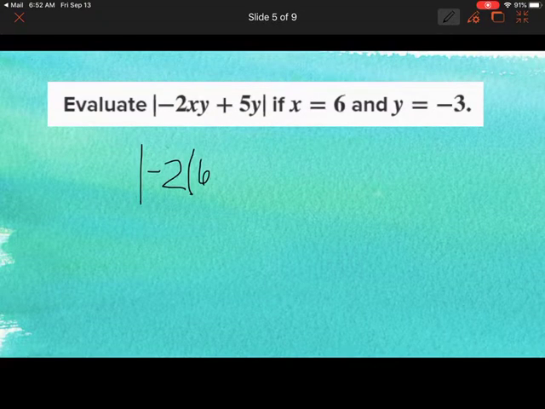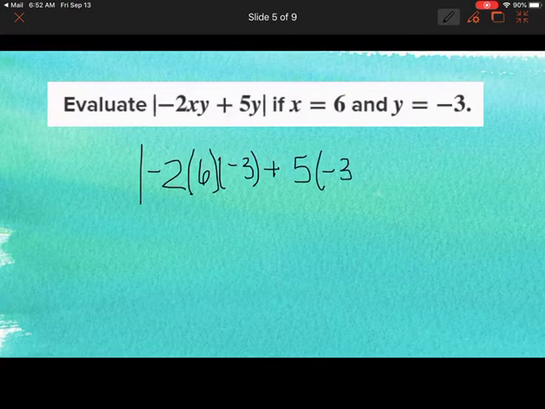So x is 6, y is -3, so took the y out, put the -3 in. Now absolute values are like a grouping symbol. So we need to do everything within there. If we do order of operations, it's multiplication first. So I am going to multiply this section and this section and bring it right down.